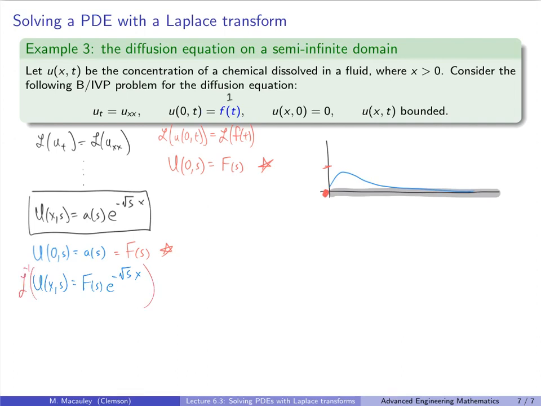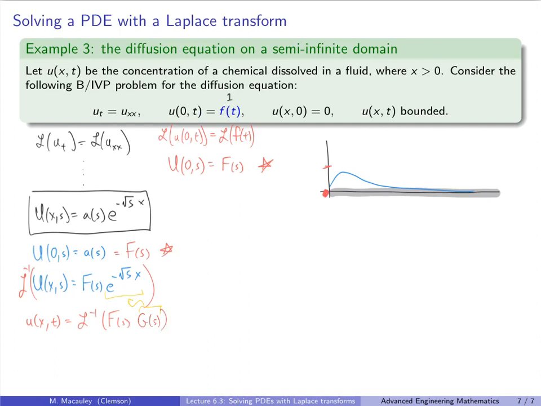The left-hand side, the inverse Laplace transform, is our solution, u of x, t, which is what we seek. And then the right-hand side, the inverse Laplace transform, is the L inverse of F of s times this other function. Let me call this, I haven't used a G of s yet, G of s. So that G of s is that exponential.